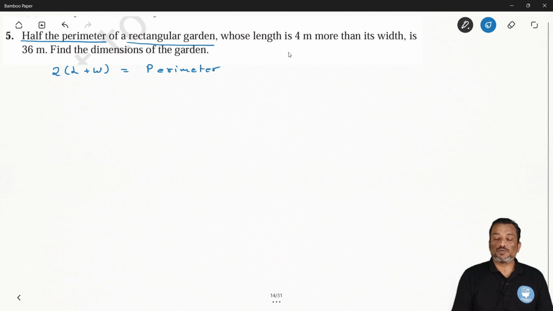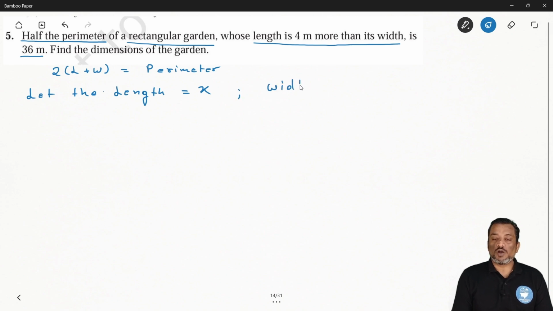Now it is saying the length is 4 meters more than the width and its half perimeter is 36 meters, so find the dimensions of the garden. First, let the length be x and the width be y.